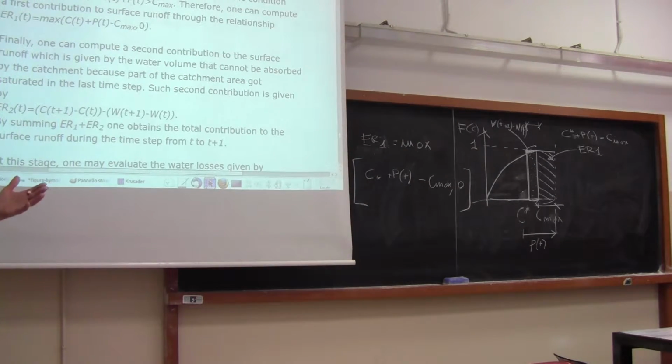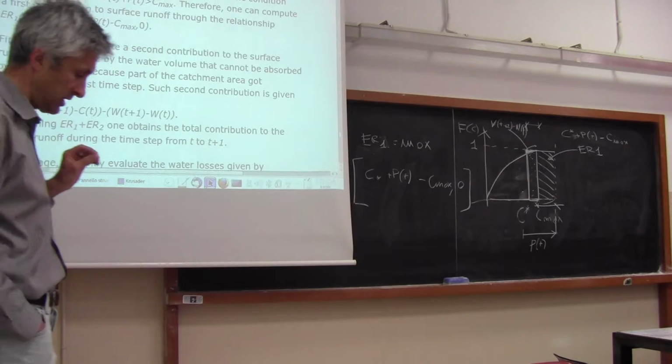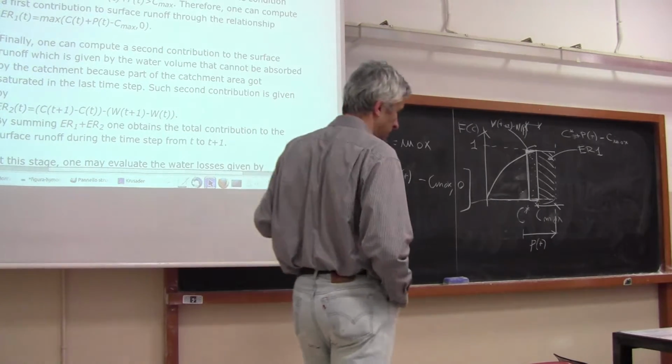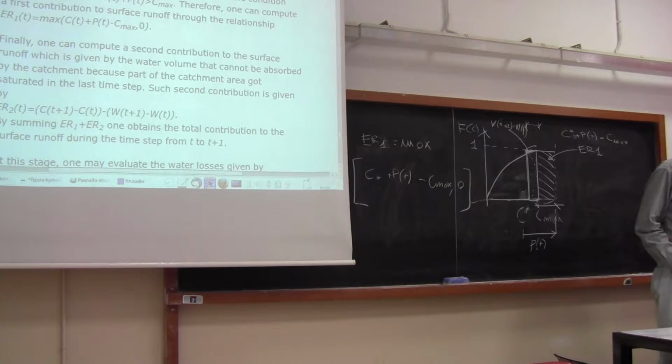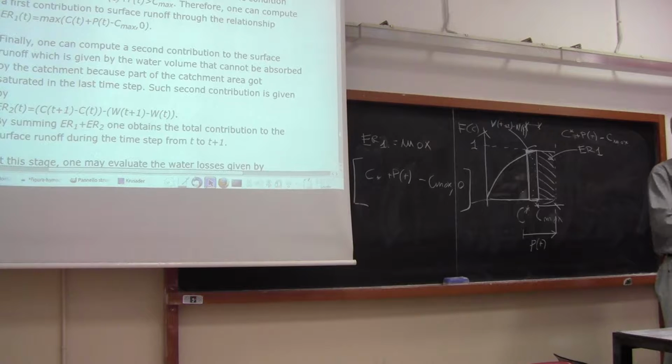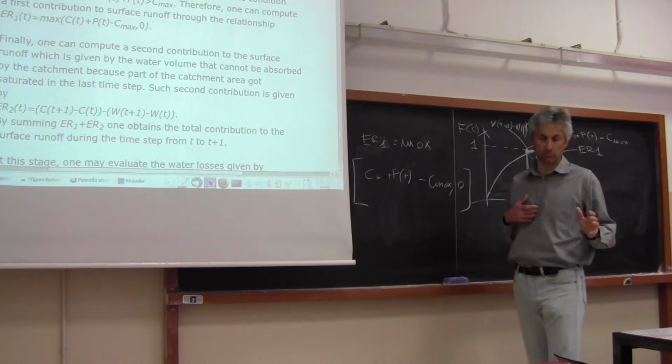Okay, let's assume that now we know how to compute the contribution to surface runoff, and there is a question that is still open, which is evapotranspiration, because this model has the potential to take evapotranspiration into account. Evapotranspiration is something that you may ignore because it makes things a bit more complicated.